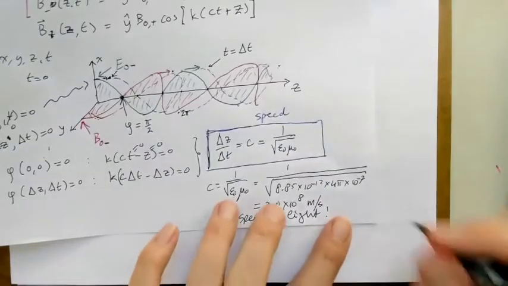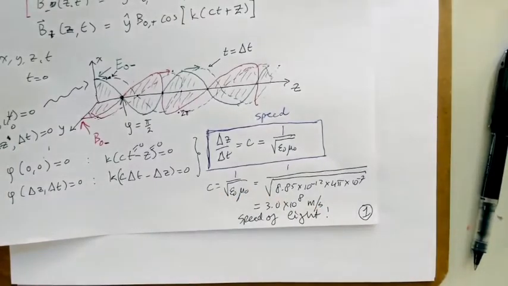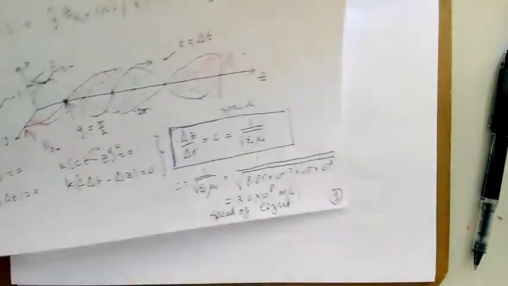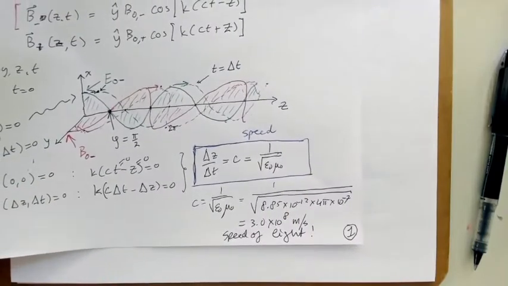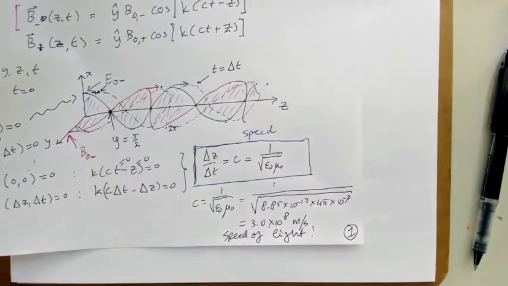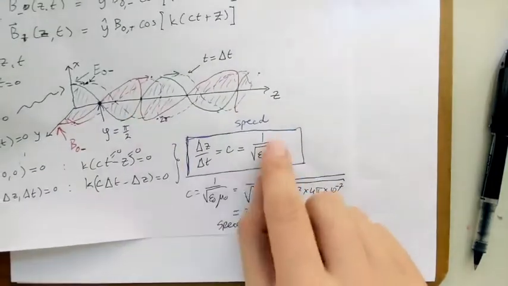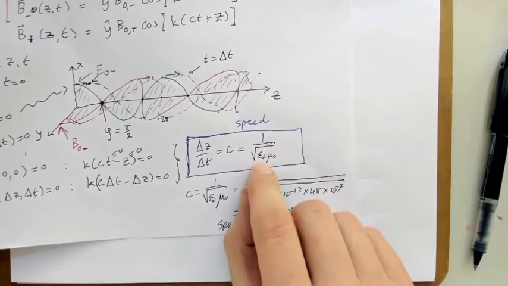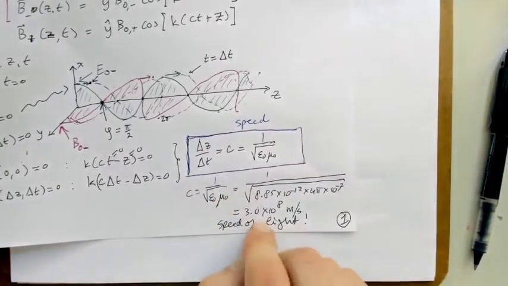So we started out with a very straightforward evaluation of what happens with time varying electric fields and magnetic fields. And when we let them talk to one another, we find that these parameters we defined before, epsilon naught and mu naught, when you put them together like this, out comes the speed of light.